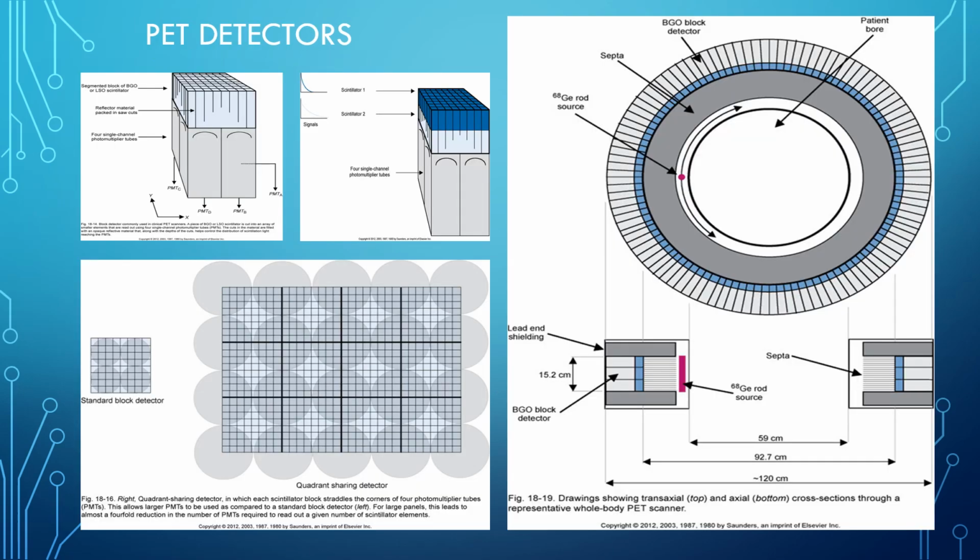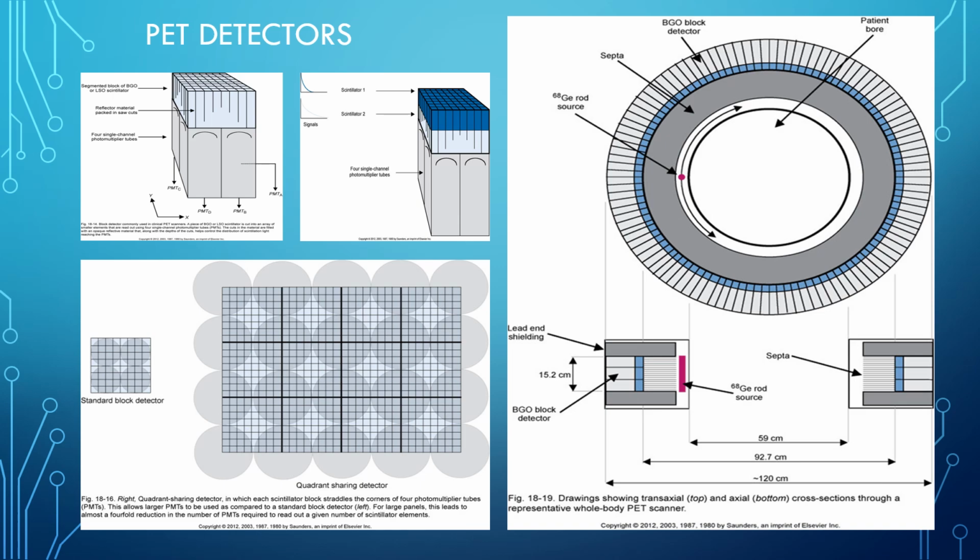So this is a PET detector designed for older cameras. You have the crystal here coupled to the PM tubes, and the whole thing makes up a detector block. And then this would be the standard detector block array. With the PET scanner, you have a whole ring of them. So this inside of the donut here is the patient bore.